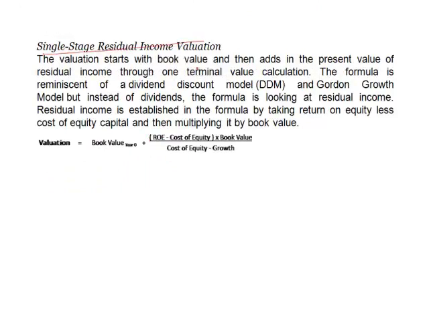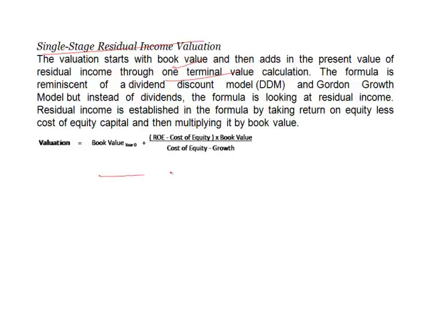the valuation starts with the book value and then you add the present value of residual income through one terminal value calculation. And the formula is the remnant of the dividend Gordon growth model, as I said earlier. But instead of dividend, the formula is looking at residual income. So residual income is established by the formula we said earlier, that is return on equity less the cost of equity capital, then multiplied by the book value.